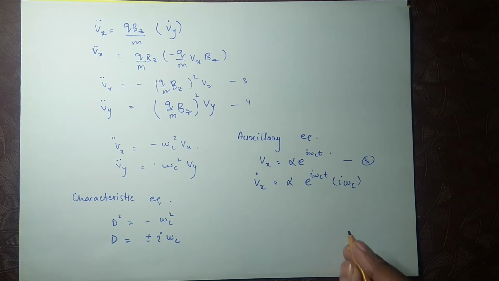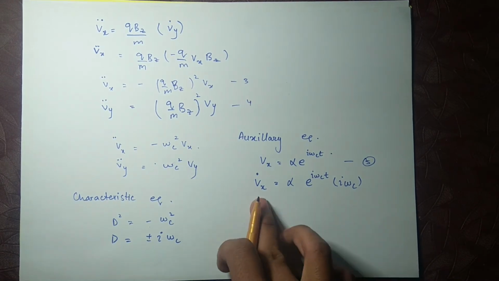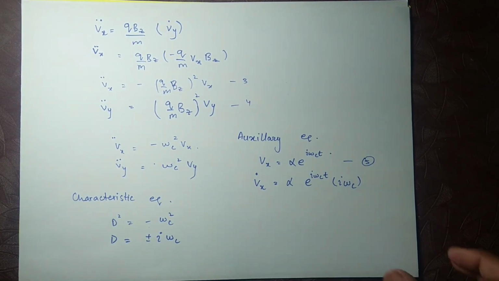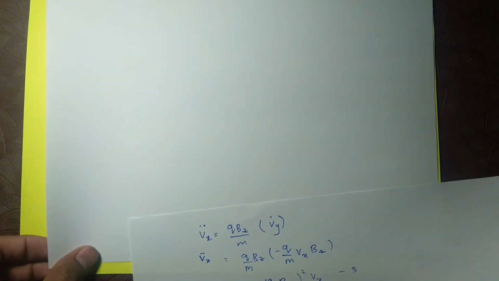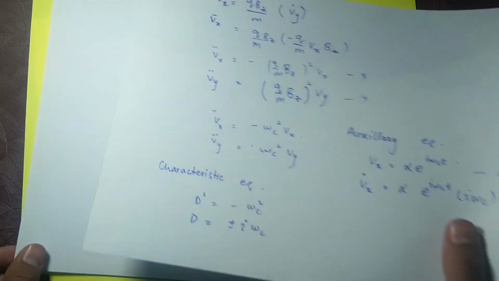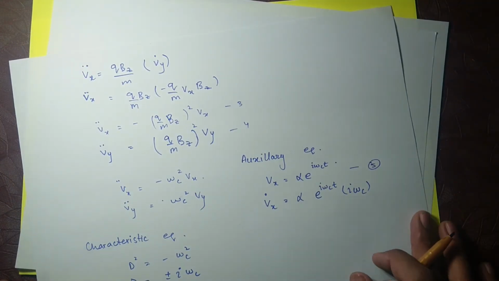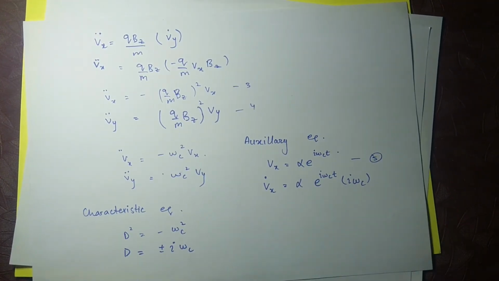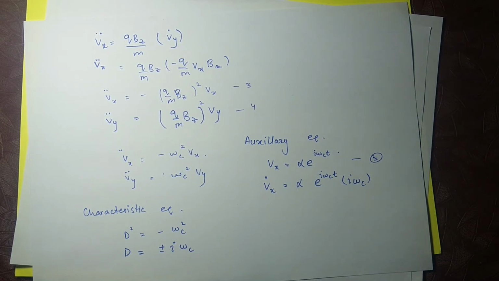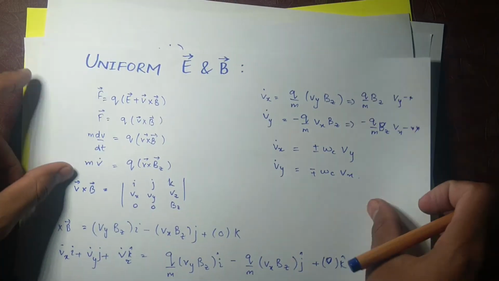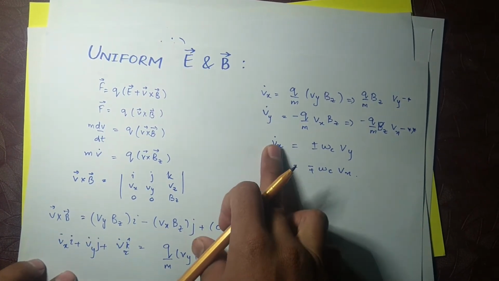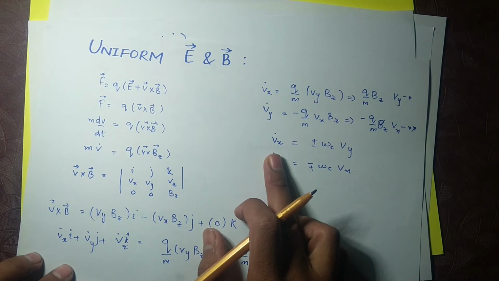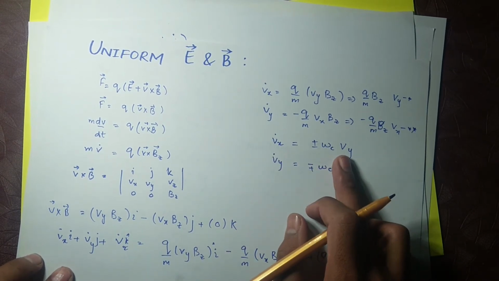This is the equation for v x dot, and in our previous equations we found a relationship for it, which you can find in my previous video. Here it comes: my previous equation for v x dot is equal to omega c v of y.